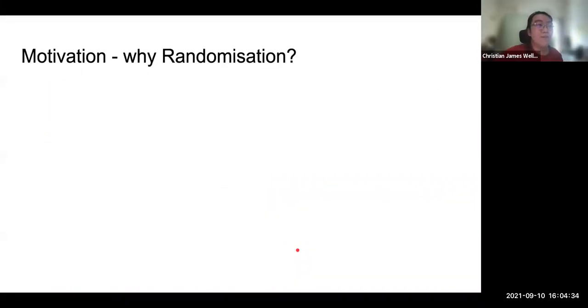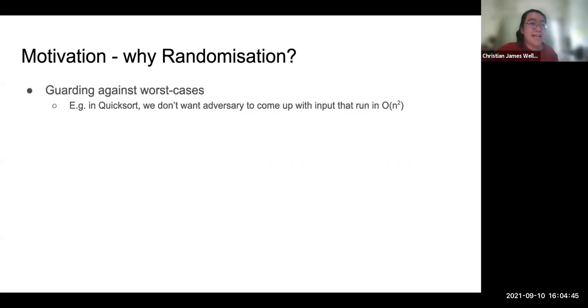First off, why randomization, right? Because sometimes you don't always get the correct answer, or things become not deterministic. But randomization is nice because we get to guard against worst cases. For example, when you are using quicksort, a naive, deterministic quicksort, you can give a reverse order input, and then very easily you can make quicksort run in O(n) squared.